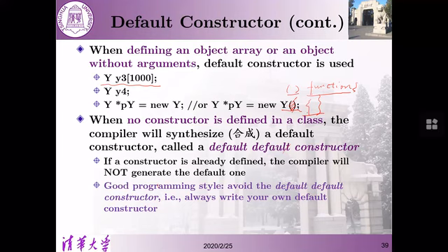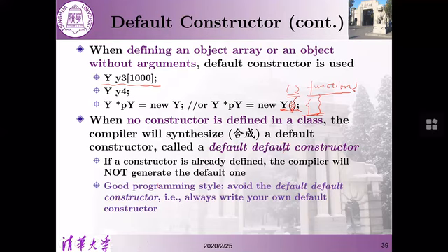Okay, then this grammar is better because in this way there's no confusion between function calls and object creation. When no constructor is defined in the class, the compiler will synthesize one. So this synthesized constructor is called a default constructor.